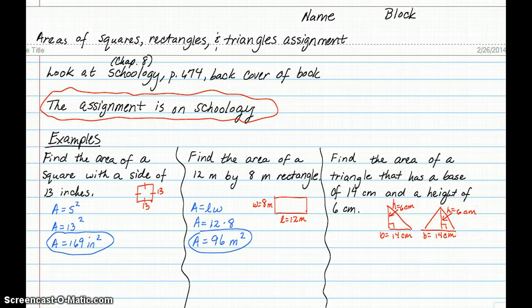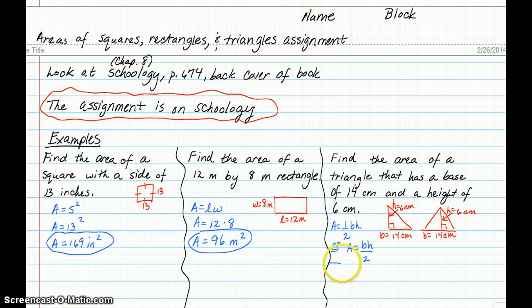And the formula that you are given in all of those resources and on the recording is A equals 1/2 the base times the height. The base in both of these is 14. The height, how tall it is, 6. Or, this isn't given, but a lot of students use it, A equals base times height divided by 2.